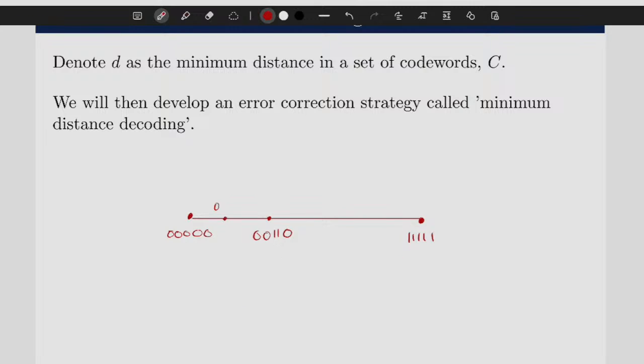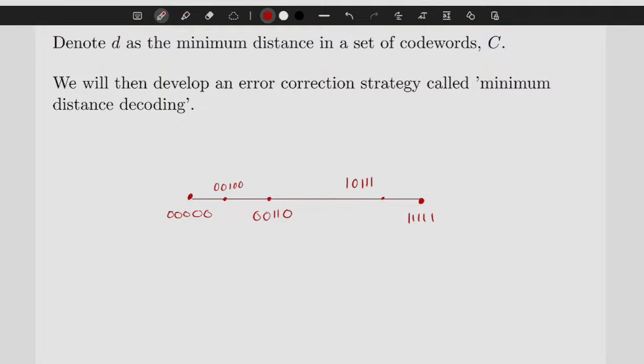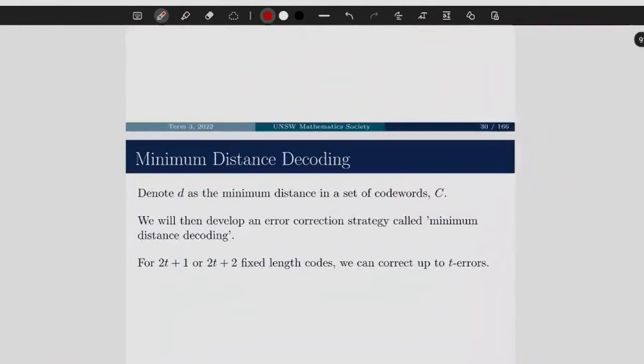So if I had one that just has 1 difference, then that's that. If I had one that was just closer to our 1, same thing, right? But the minimum distance decoding strategy essentially just takes into account how different it is to the valid code words, right? And again, that's going up to our same ideas from earlier.